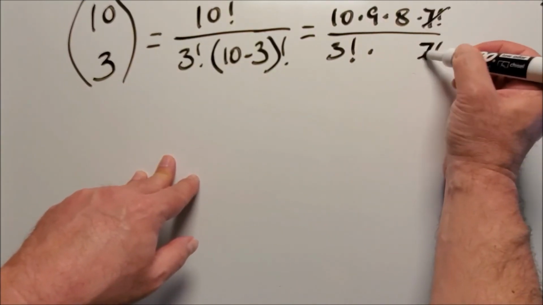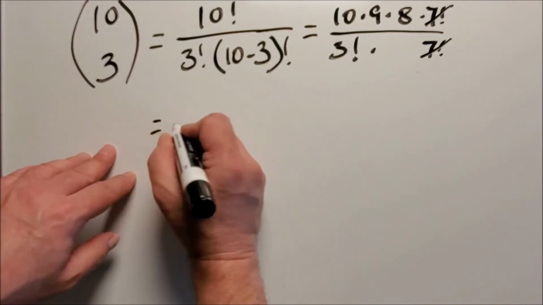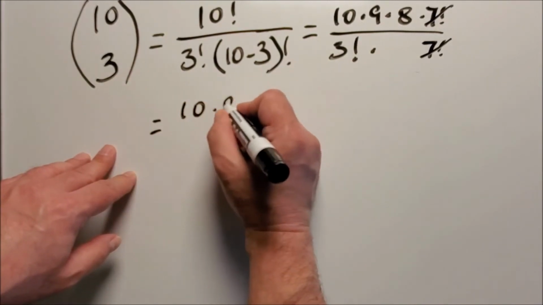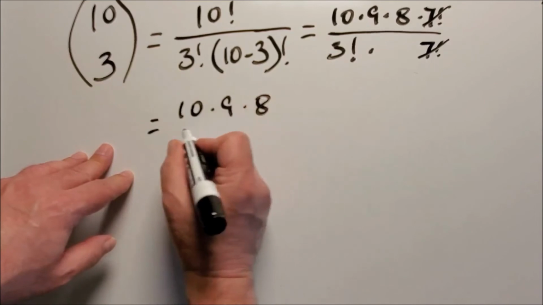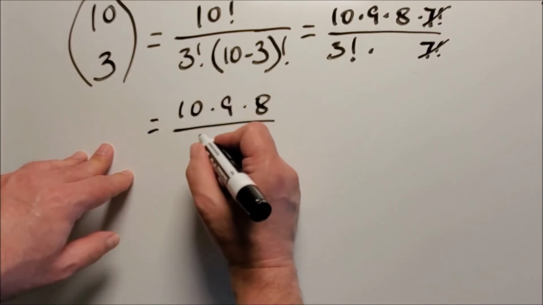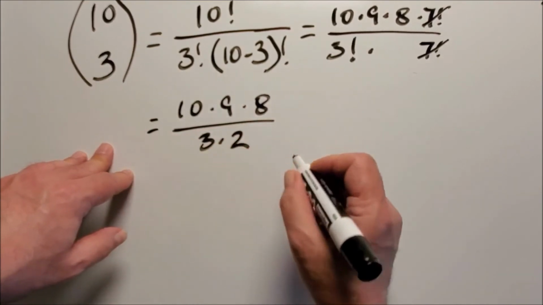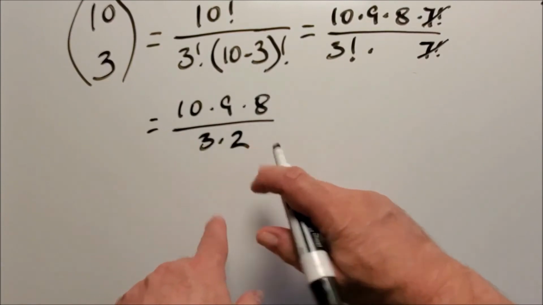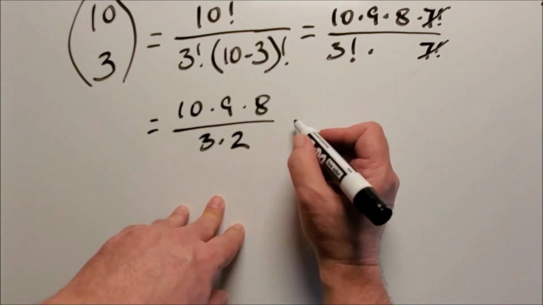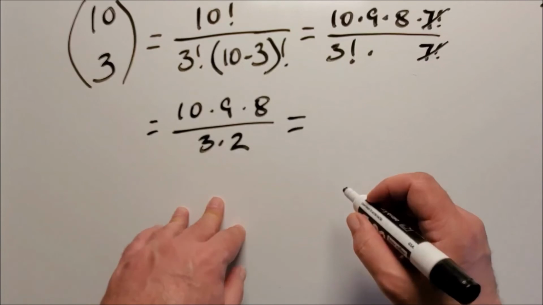Okay, I'm canceling right away. And so we have 10 times 9 times 8 over 3 factorial, which is 3 times 2. Now, we don't have total cancellation possible from the denominator to the numerator, but we can do some things.